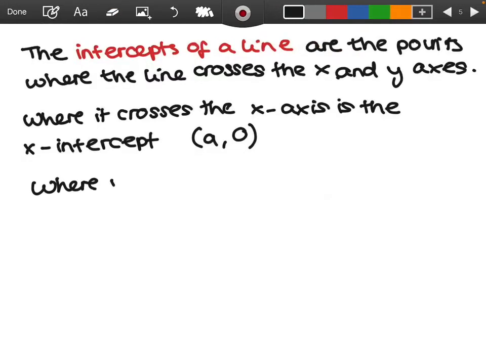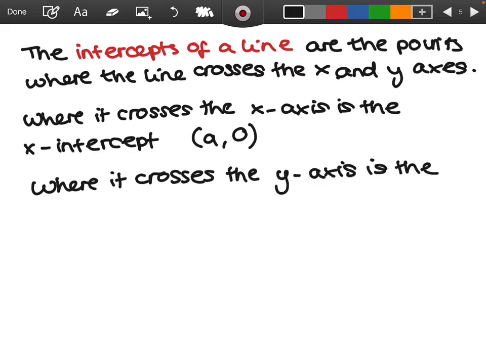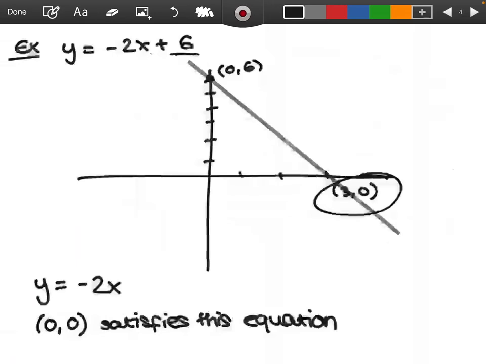Where it crosses the y-axis is obviously the y-intercept. Now this time, the y-intercept will be of the form (0, b) with some constant b as our y-coordinate. Go back to our original example.